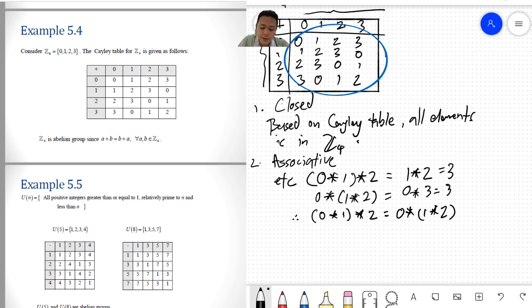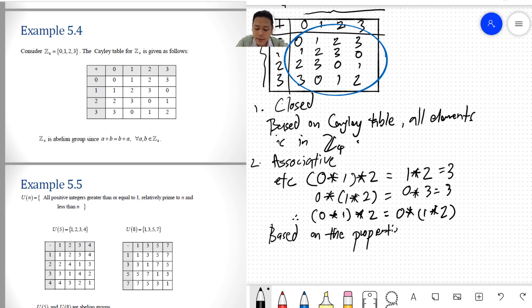It's sufficient for you to say that, not based on the Cayley table, but based on the properties of integers, because we know that addition of integers is actually associative from the previous video lecture, and it also applies for the case of plus modulo n.